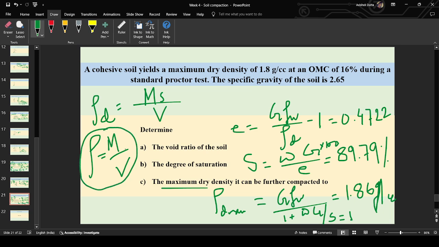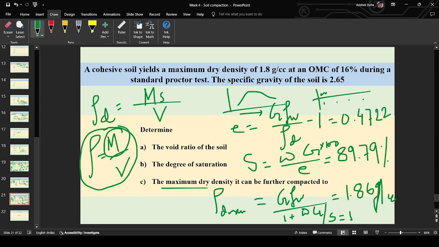When we go for the compaction test, we are adding water. We have a table with moisture content, first trial, second trial, third trial, fourth trial. With the increment of water, this mass will change, right?